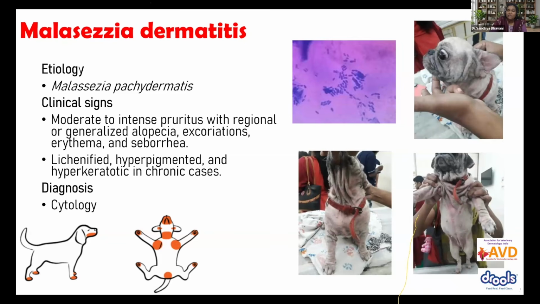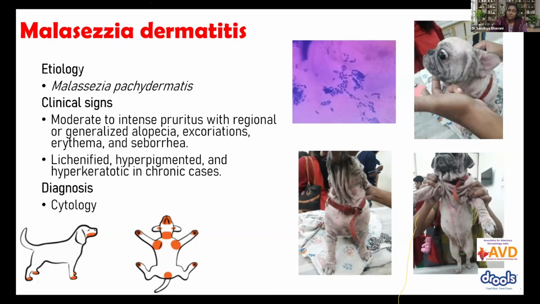It can be primary, but fewer cases are primary, and a greater number of cases are because of secondary infection. The underlying primary lesion could be an allergic disorder. When there is skin barrier affection, Malassezia can grow and prevail, and it can form a disease condition in a dog.